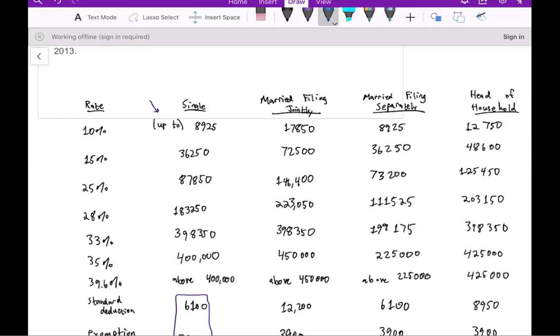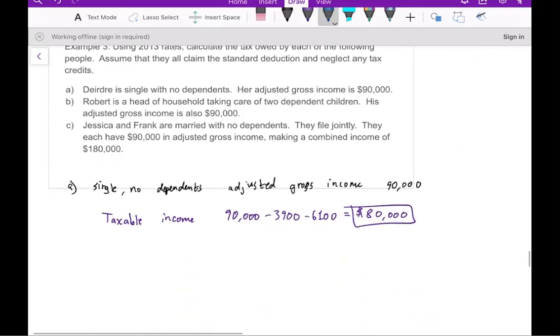So 80,000 would be this category right here, because it's above 36,250, but it's under 87,850. So it looks like we're going to be taxed at the 25% rate. So I would need to take 80,000 and multiply it by 0.25, and that would give me my tax, which would in this case be $20,000.